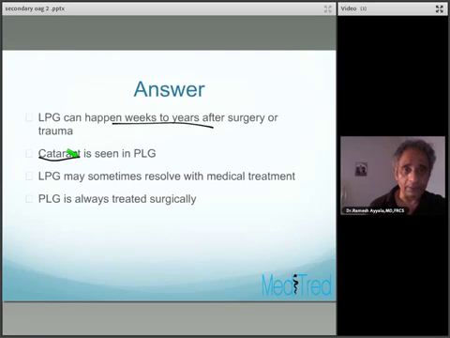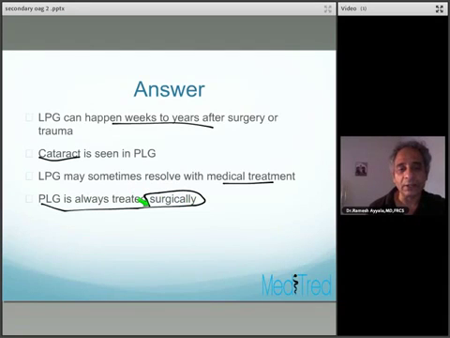If the cortical material that is there is limited, the lens particle glaucoma may sometimes resolve with medical treatment, i.e. steroid drops along with glaucoma medications, whereas phacolytic glaucoma is always treated surgically. For the major part, you can argue that in both the situations, the treatment is surgical most of the times, whereas it's always in the phacolytic glaucoma and most times in the lens particle glaucoma.